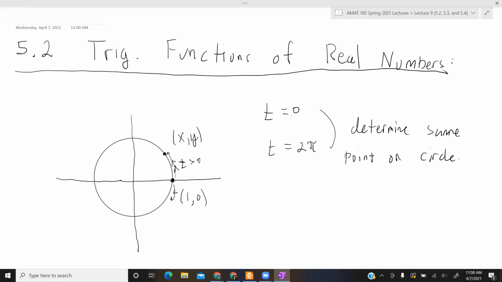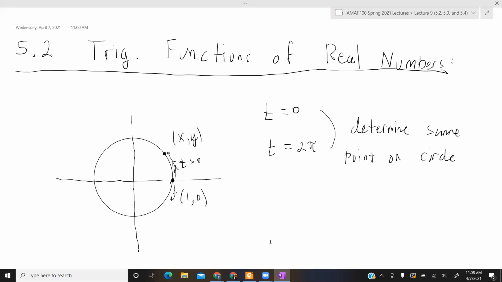We set this up, and that was our whole discussion in 5.1, fleshing this function out, really defining what it means to have this mapping from the real numbers to the points on the circle. And what this says is that this function's not injective. If I give you 2 different real numbers, t equals 0 and t equals 2 pi, they'll determine the same point on the circle.